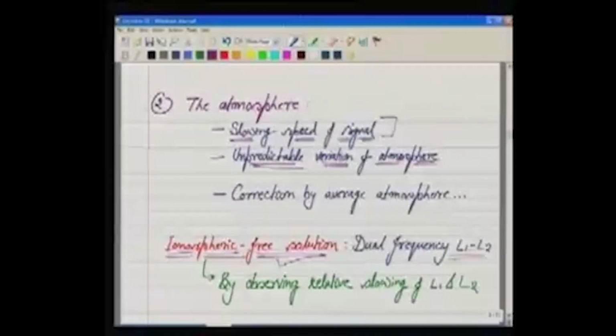The way L1 has got delayed and the way L2 has got delayed, we can compare these two, because both of these were transmitted simultaneously from the satellite. But the moment they arrive at the antenna, their times are different. So by knowing this relative delay in L1 and L2, it is possible that the total delay caused by the ionosphere can be eliminated. So an ionospheric free solution can be achieved, realized by L1 and L2 by observing their relative slowing.